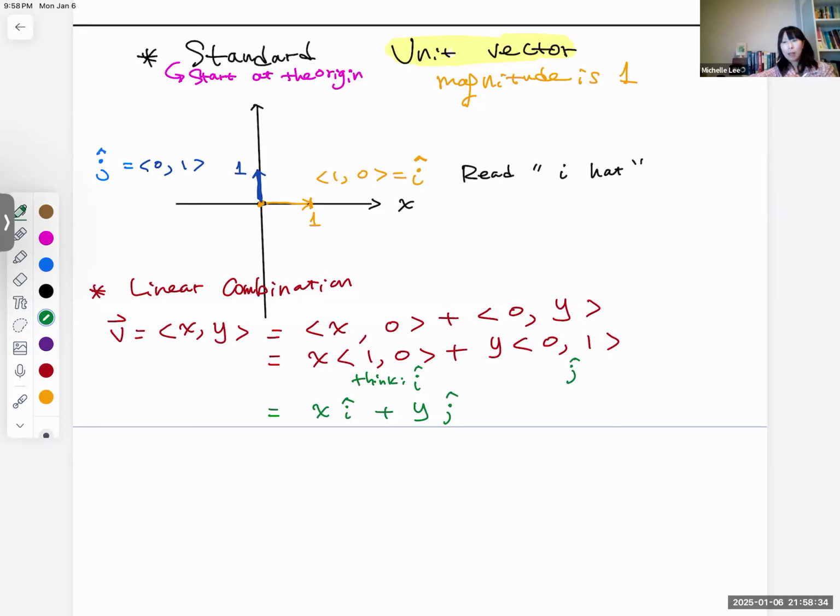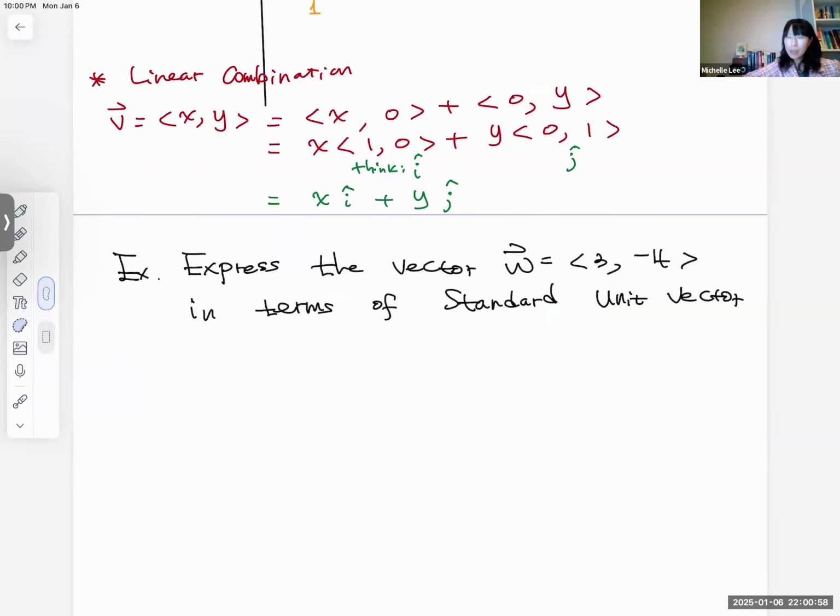All right. Now let's do an example. Express the vector w equal to (3, -4). This is the vector component form, right?